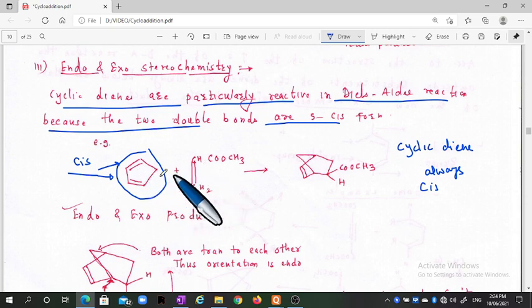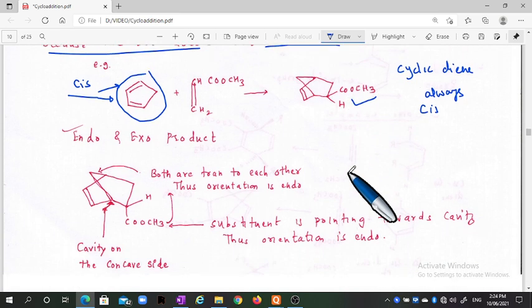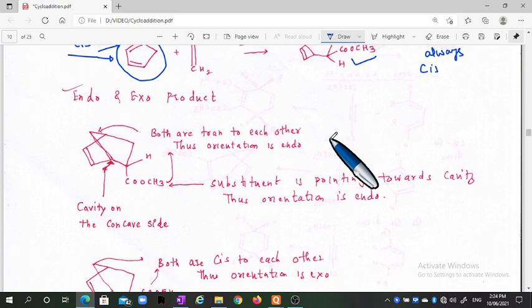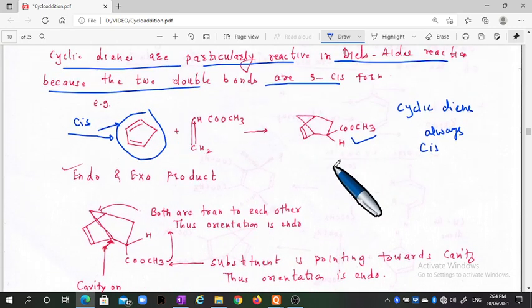When we react this, we will obtain, this is an exo product, but actually endo is the favorable one. When we react this molecule to this, two types of product are obtained. First we have already seen, that is the second product.